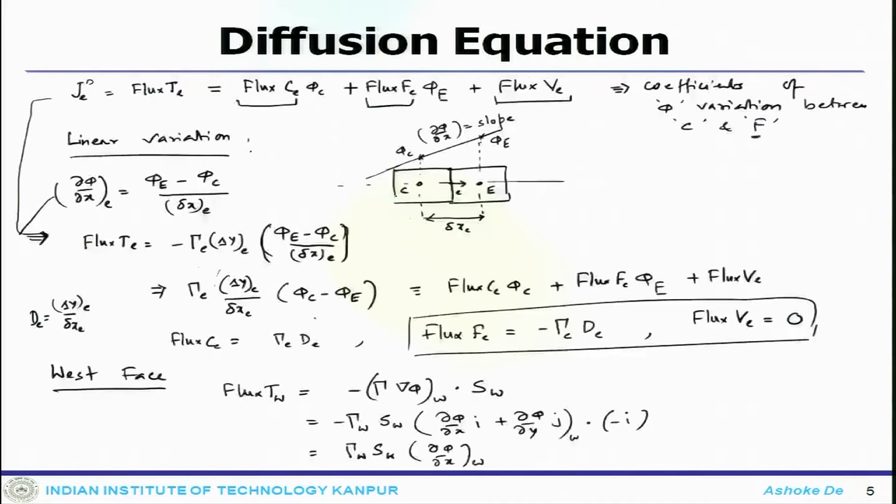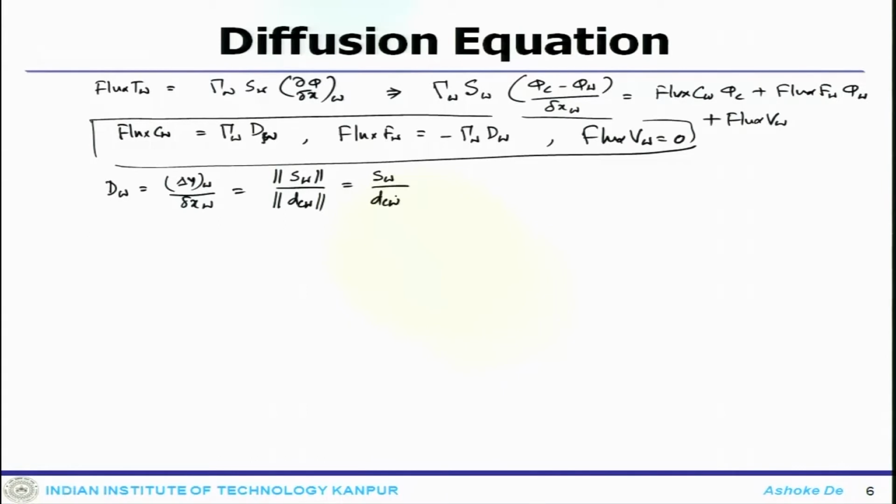So, similarly, we could write for d E, that d E we had the definition of del y E by del x E, which is the magnitude of A C divided by d C E, which is A C by d C E. So, we got the surfaces of east and west.